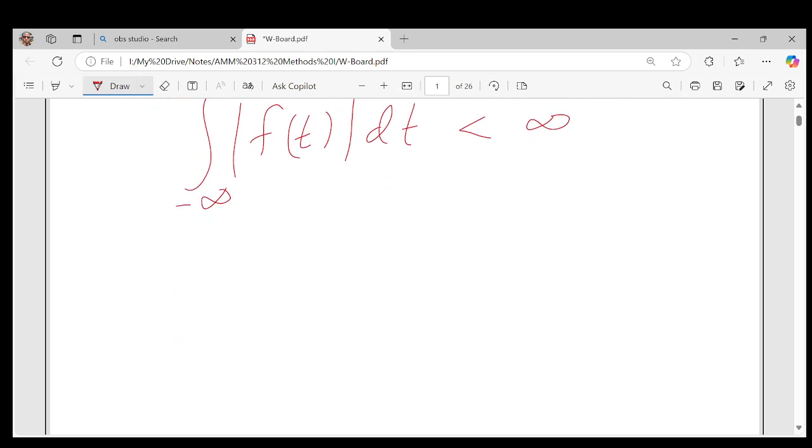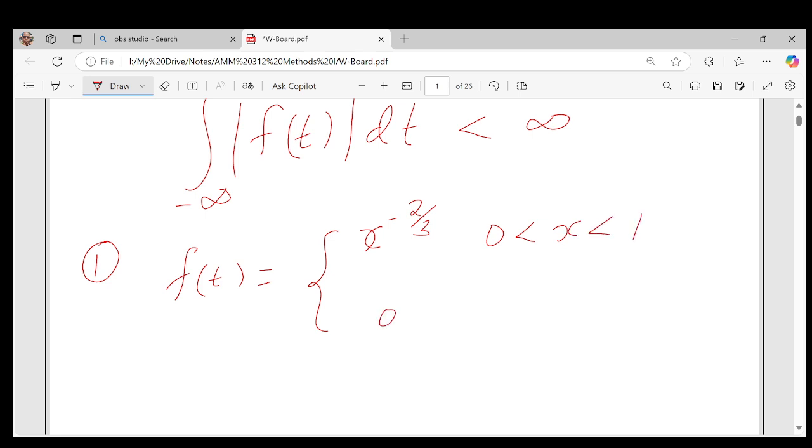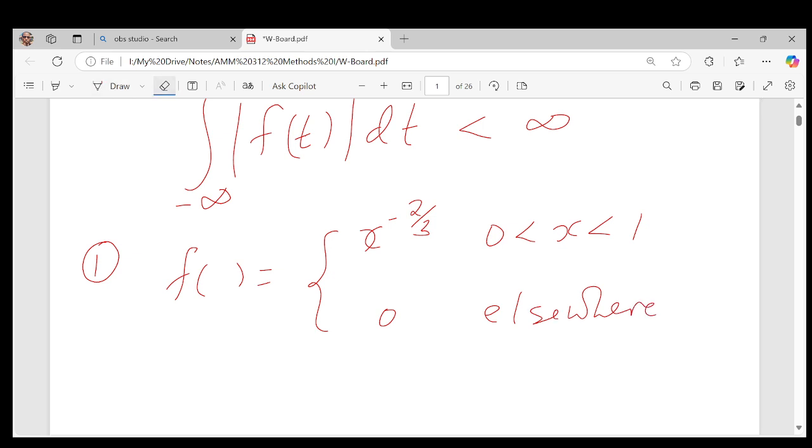An example of an absolutely integrable function: if you are given a function f of x equals x raised to the power minus 2/3 for x between 0 and 1, and the function is 0 elsewhere. This function is absolutely integrable.